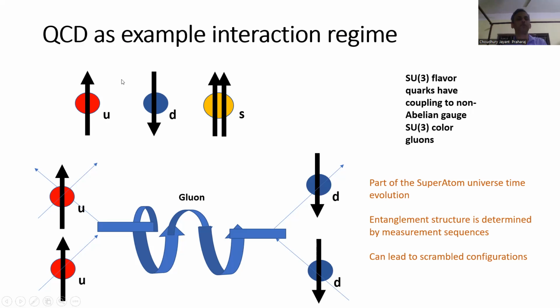Now, these are just quarks, and there are more types of quarks, and then you have leptons, and you have different kinds of interactions, and you also have the weak interaction, which is mediated by other bosons. Then you have the electromagnetic interaction, and then you have gravity.